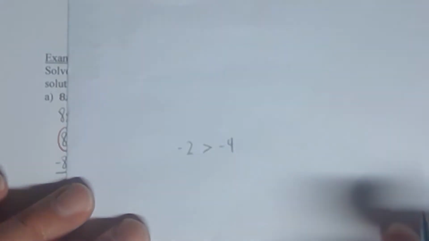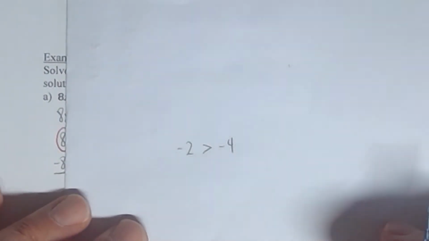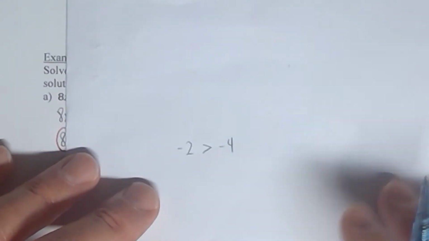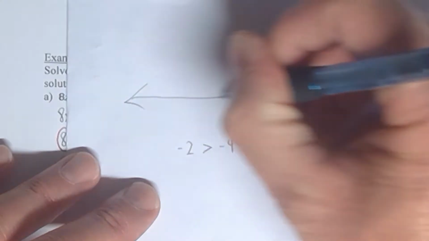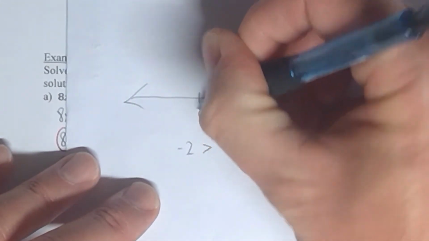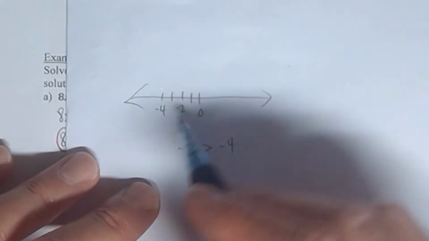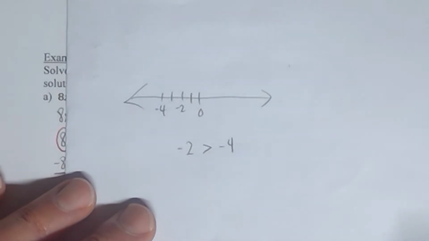We know that because it's further to the right on the number line. Anytime a number is further to the right on the number line, it is going to be greater than, okay? Here's the number line right here. There's your 0. There's a negative 2. Negative 1's right there. Negative 4 is over here, right? And there's negative 3. Negative 2 is further to the right.